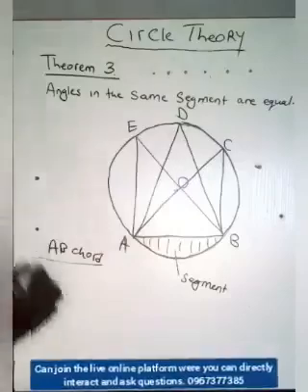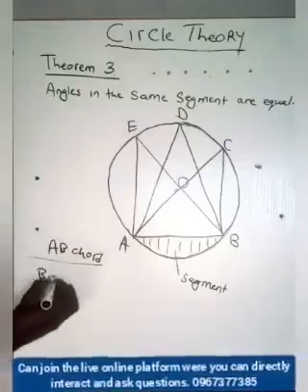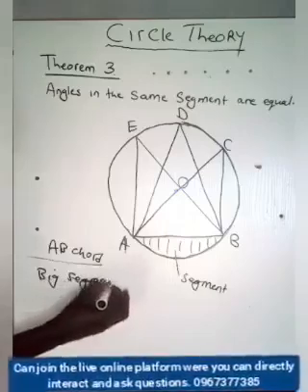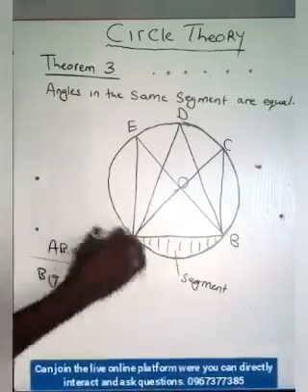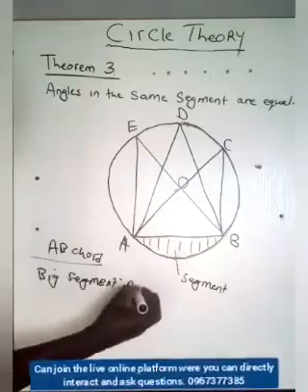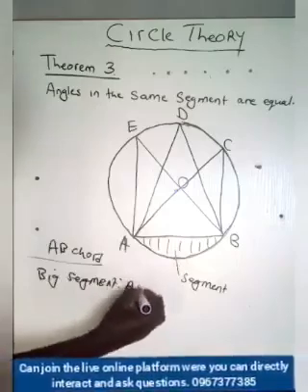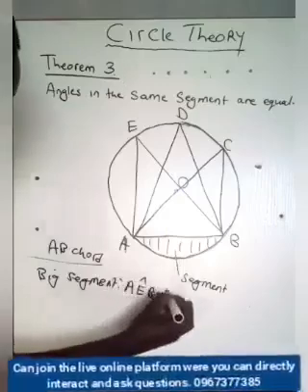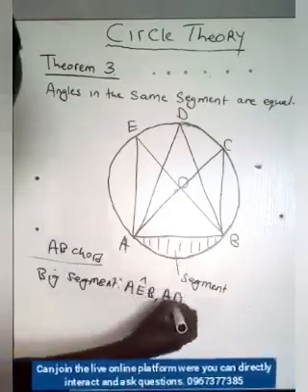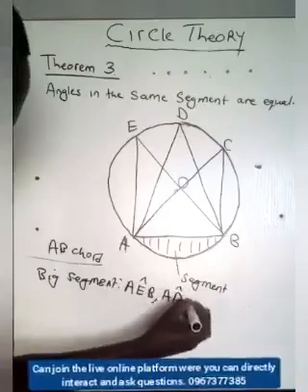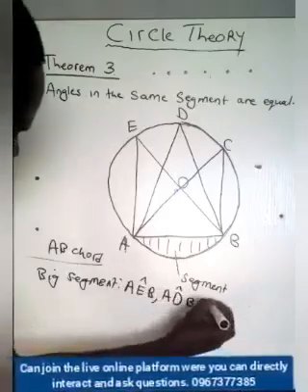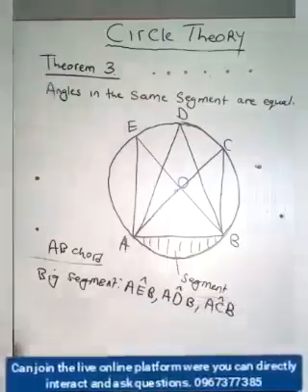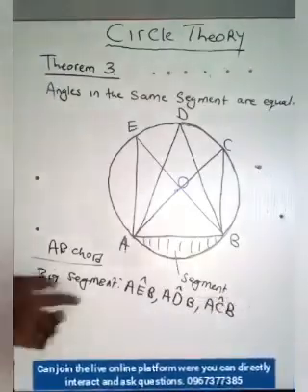So in the big segment, look at these angles. We find angle AEB, we find angle ADB, and we find angle ACB. I want you to pay attention to these three angles.